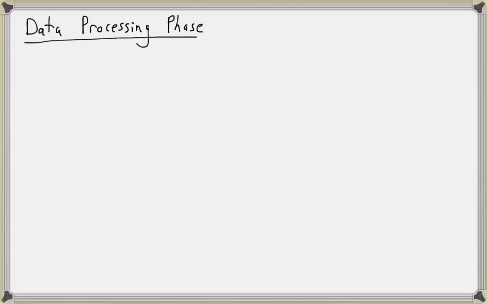Each of the squares that were produced during the data collection phase is converted into a row of a matrix.